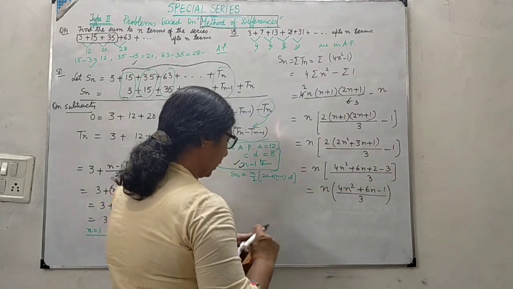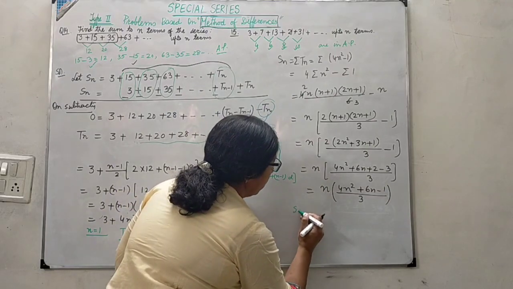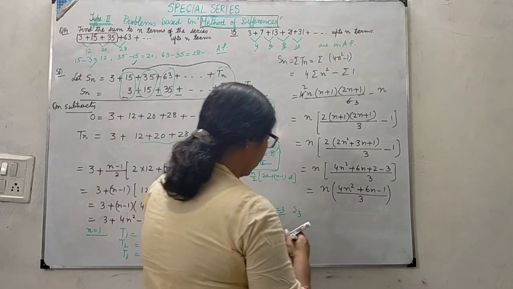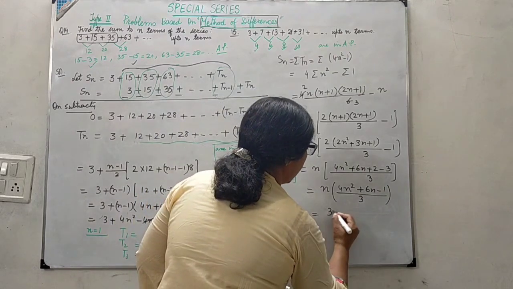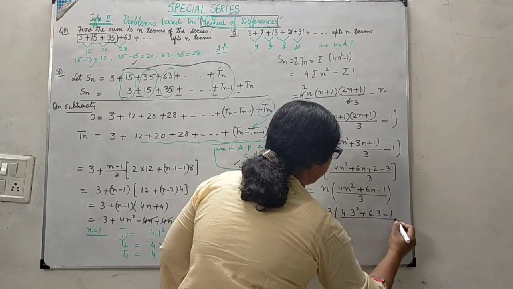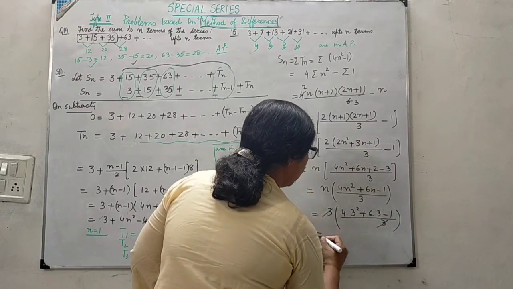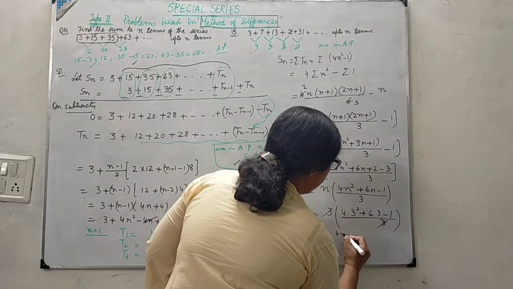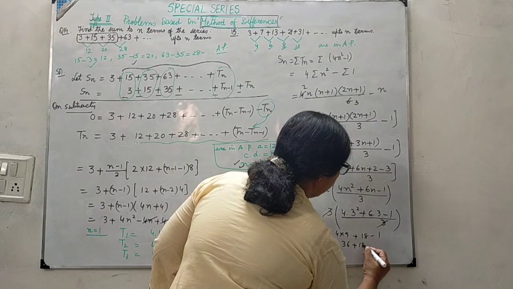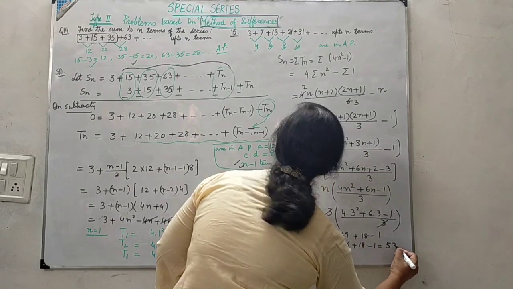So if I want to check my answer, if I write n as 3, then S3 will become 3 times 4 into 3 square plus 6 into 3 minus 1 by 3, that is getting cancelled. So this is 4 into 9 plus 18 minus 1, 36, 18, 54 minus 1 is 53.